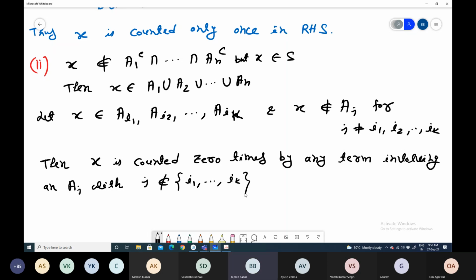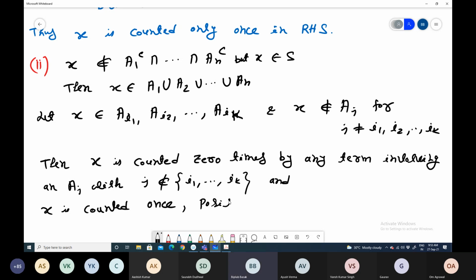It is obvious because since X does not belong to A_j, if you take some set A_j subset intersection or something, then X should not be in that set. So X is counted 0 times, and X is counted once, we don't know positively or negatively.